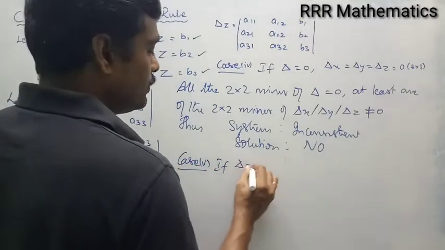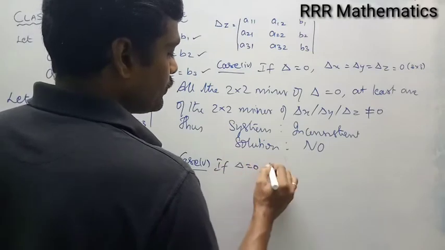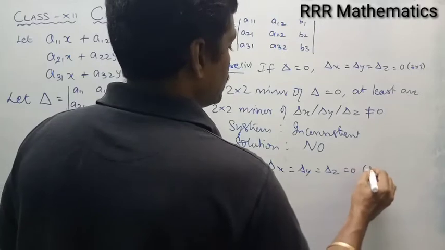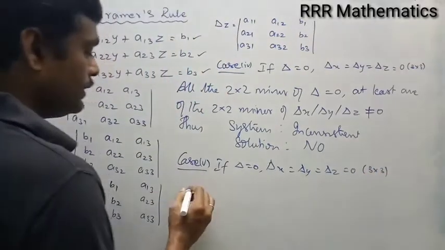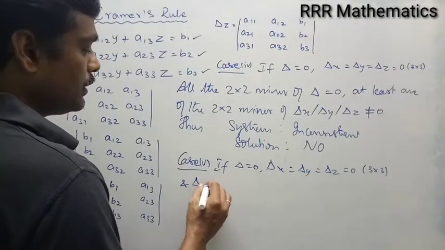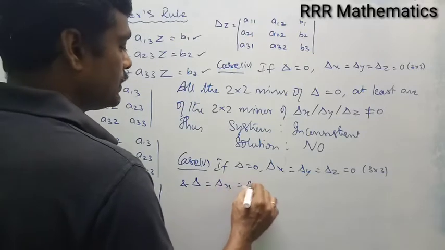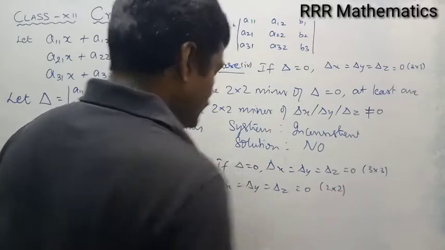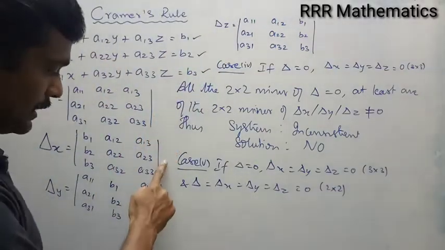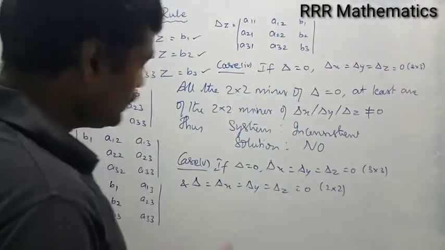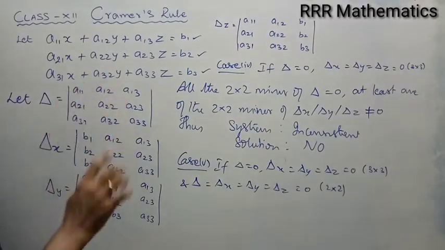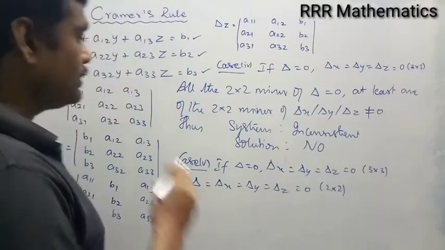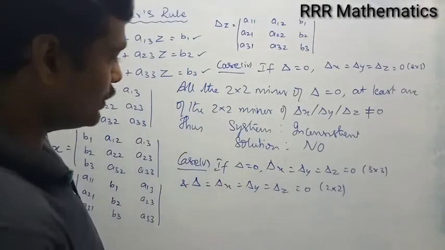Case 5: delta is 0, delta x, delta y, delta z equal to 0, 3 by 3. And all the 2 by 2 minors of delta, delta x, delta y, delta z are 0. So in this case, all 3 by 3 are 0, all 2 by 2 are 0.